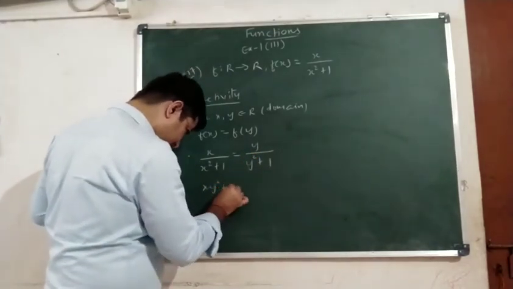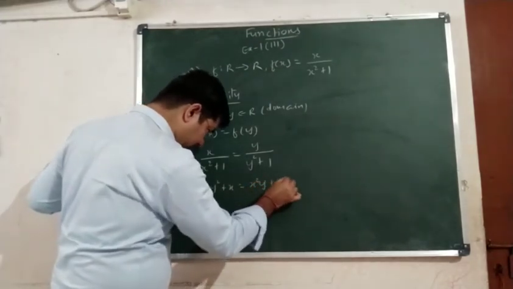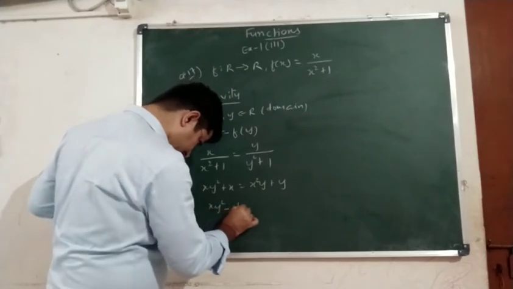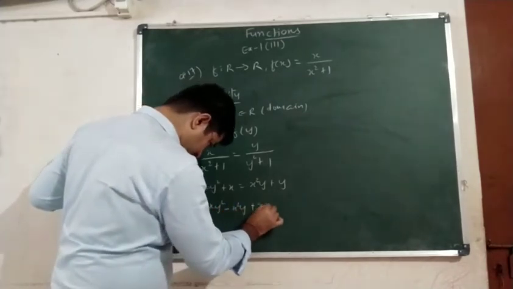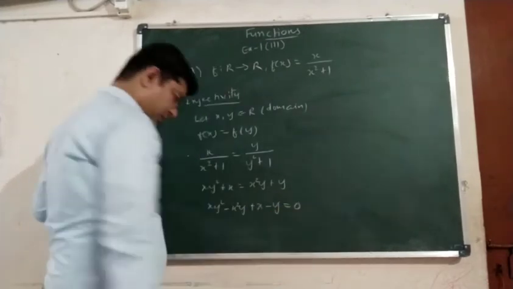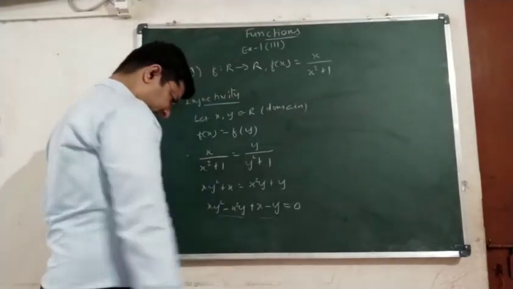Therefore xy square plus x is equal to x square y plus y. Therefore xy square minus x square y plus x minus y equal to 0. Let us further simplify.